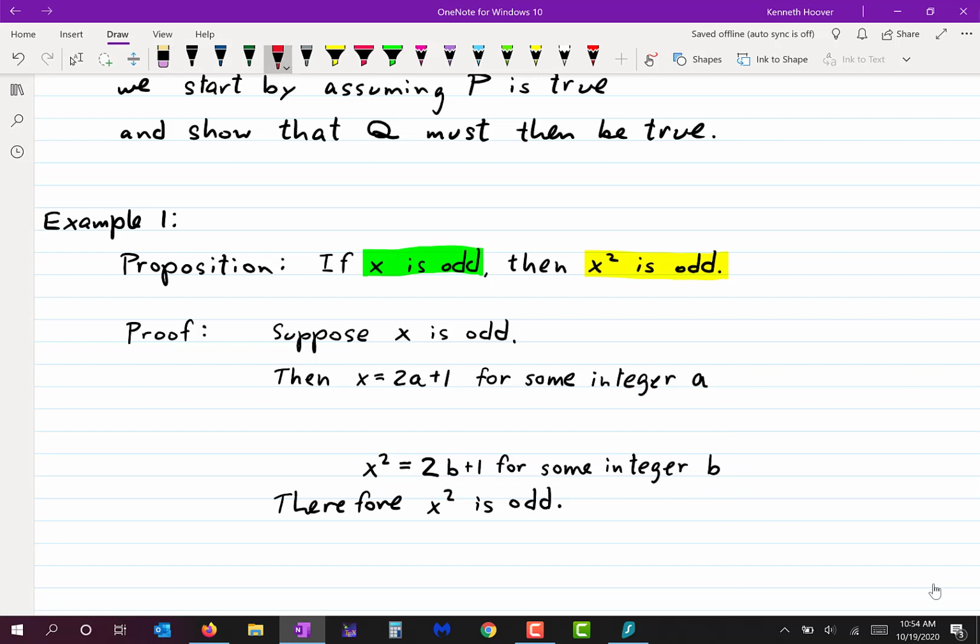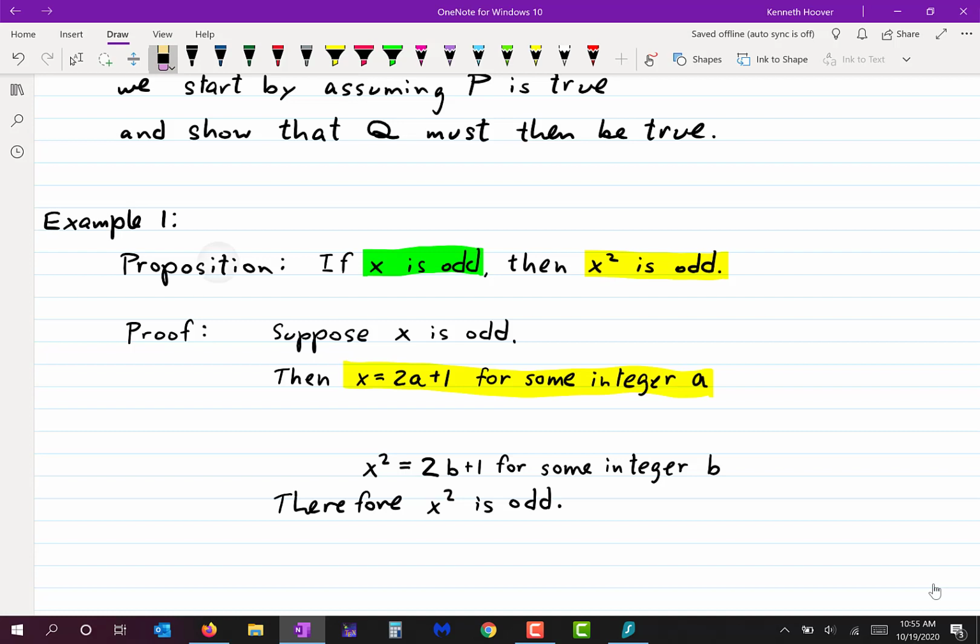Now I need to somehow match these two. They need to match together. Okay? I'm working from both ends, trying to meet somewhere in the middle. Well, I'll tell you what. How about if we just take this here and let's see. Where could we go from there? Well, if x is 2a plus 1, how about if we figure out what x squared would have to be?